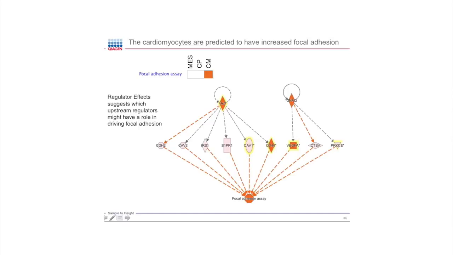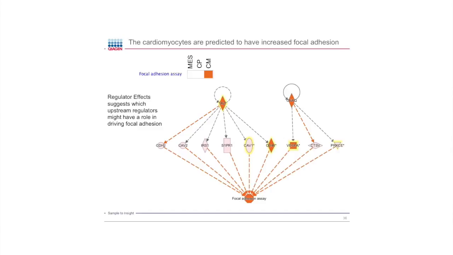You get a regulator effects network using this custom function that we put in, and you can see how these two genes, TAZ and GNAQ, working through these data set molecules could drive the increase of focal adhesion. Again, a connection to focal adhesion that came through in the ILK signaling pathway.